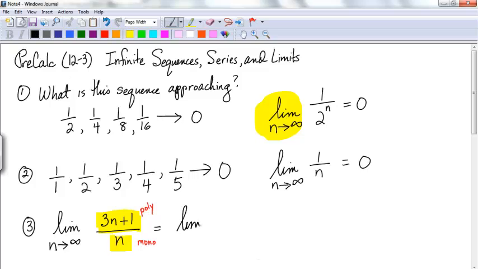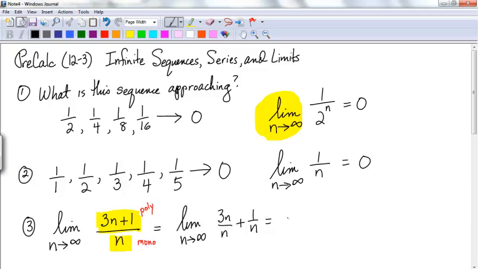Okay? So it's okay to write it. You still need an equal sign and then the limit notation. A lot of people get confused and think the equal sign goes in between the limit and the problem. No. It's the limit as n approaches infinity. Then you can split that up. 3n over n plus 1 over n. If it's a polynomial, you can split it up.